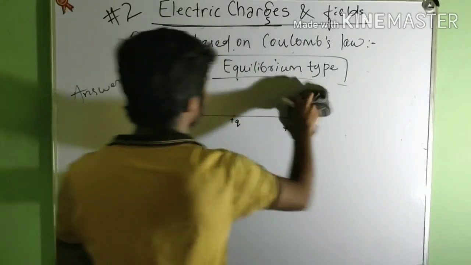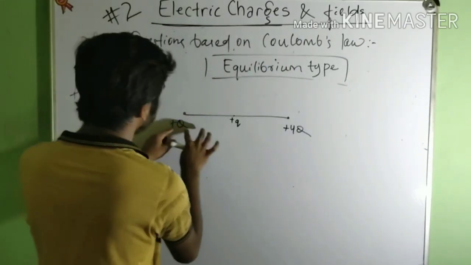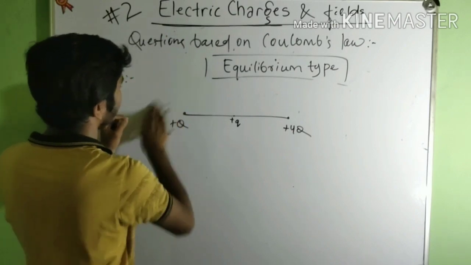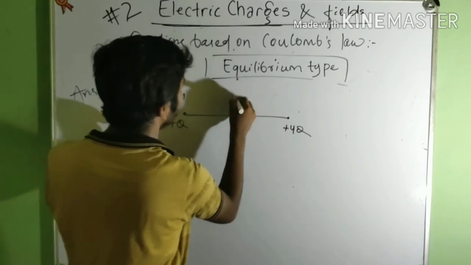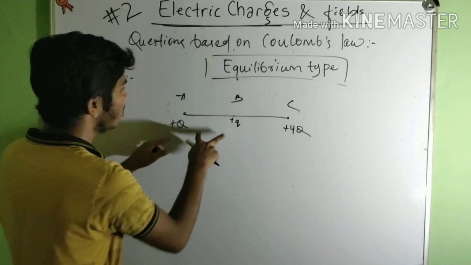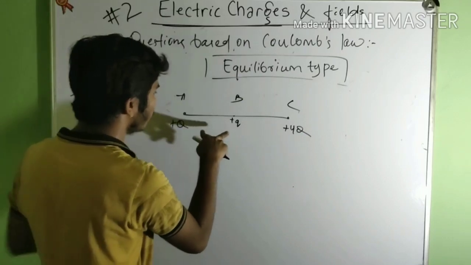What will happen then? Let us name these A, B, C. Here these two will repel each other, as these are two equal charges.